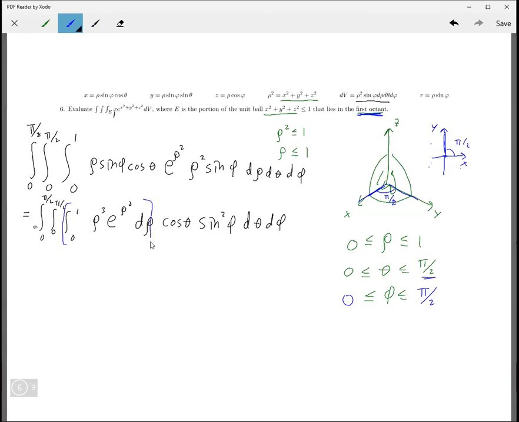Okay, so we look at this part right there. I was just lazy, so I used, what is it, Symbolab? I just used Symbolab. And this integral is 1/2 rho squared e to the rho squared minus e to the rho squared.